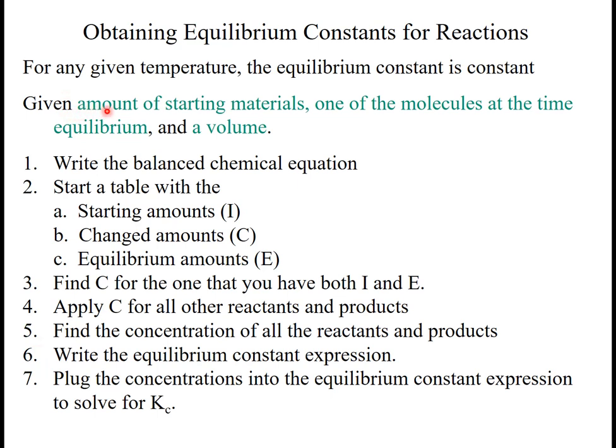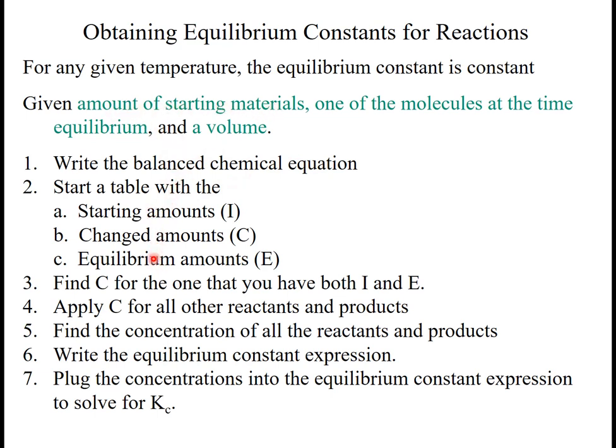I'm given starting materials, typically one of the molecules at equilibrium. In the first problem we're going to do, all the molecules are at equilibrium, and a volume, because it's concentration, so it has to be in moles per liter. So the process is to write the balanced equation. It's usually given to you. If it's given to me in starting materials, then I do the ICE table.